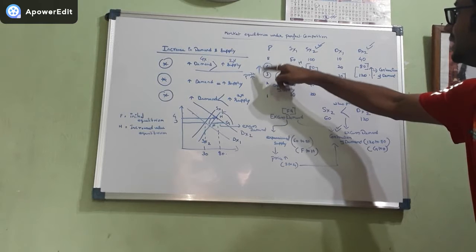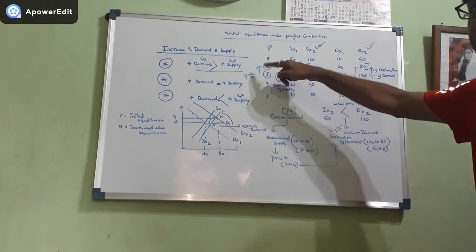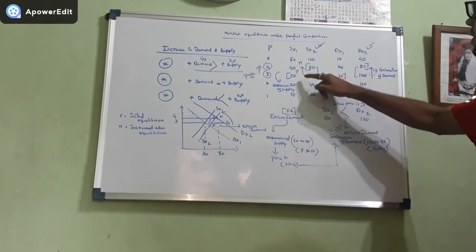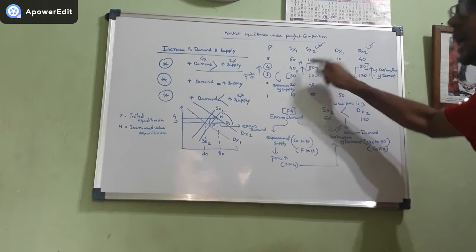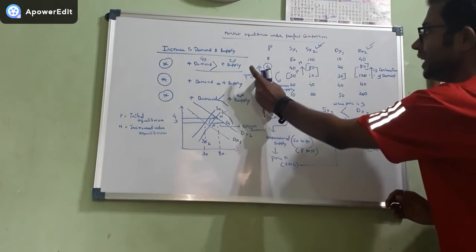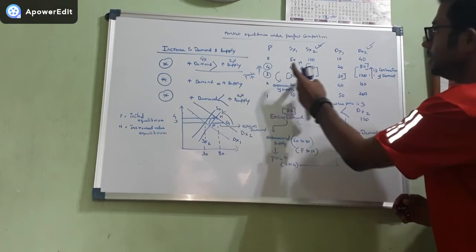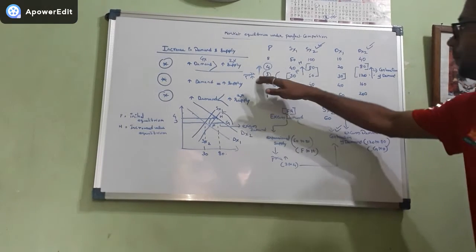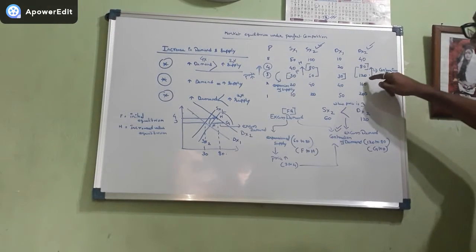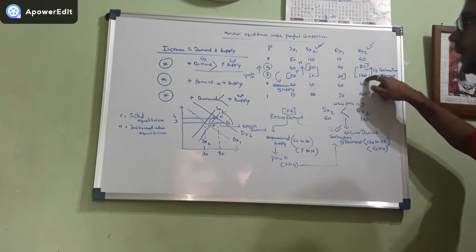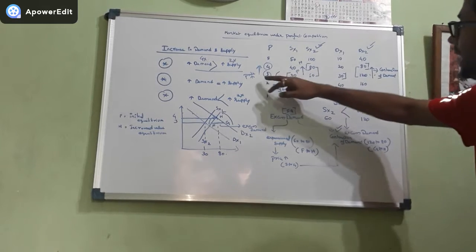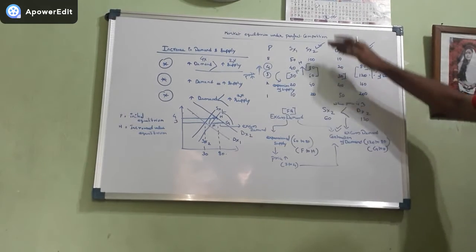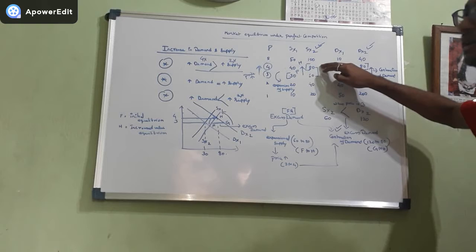So when the price has increased, here the price has increased. Why? Because the demand has increased from 60 to 80. If I take the price 3, Sx2 was how much? 60. And when the price is 3, Dx2 was how much? 120. So if I compare price 3 to 4, the Sx2 is 60, now it is 80.